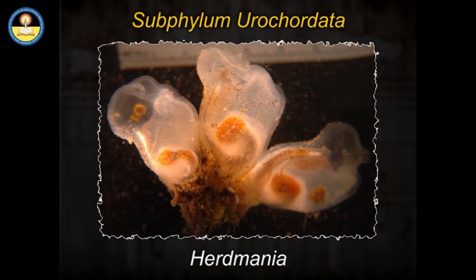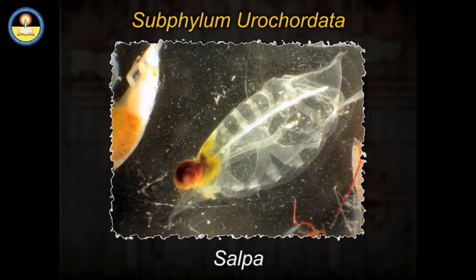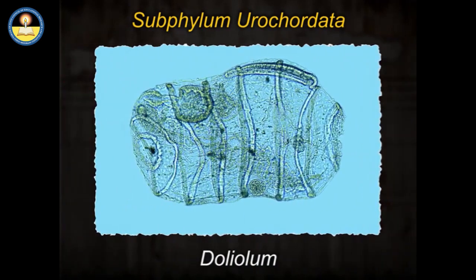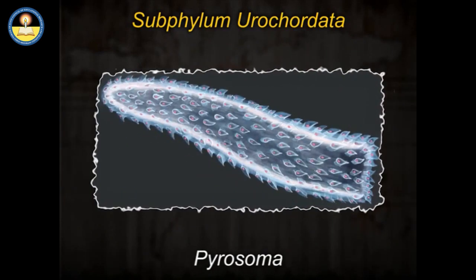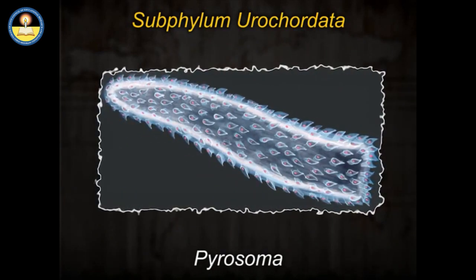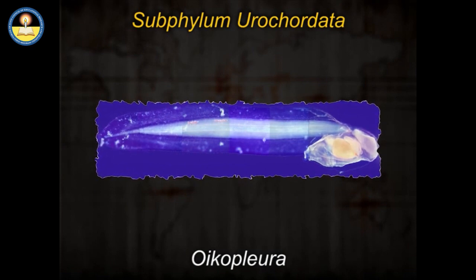Some examples are Hermania, Salpa, Doliolum, Pyrosoma, and Oikopleura.